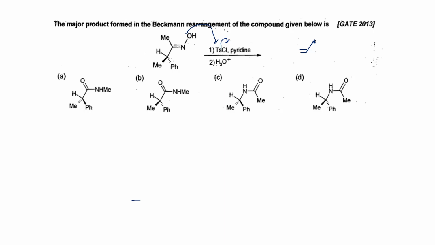bond, that will be eliminated. So here from the structure you can see this chiral center carbon is trans to this nitrogen OTs. So this center will come here and OTs will be removed from the system.